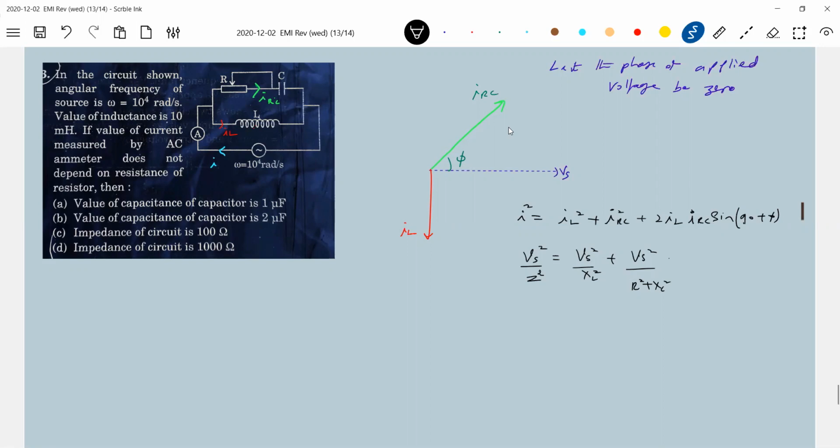Okay, yeah, this is okay. This one is 2. So what is IL? IL again is Vs by XL, and IRC will be Vs by root of R squared plus XC squared. So this will be cos phi. So Vs squared gets eliminated, leaving 1 by Z squared and two cos phi.